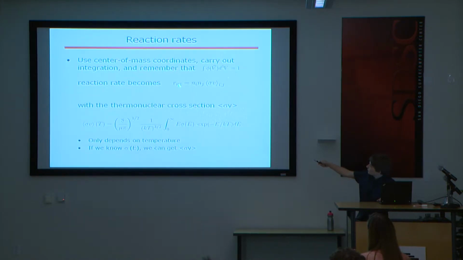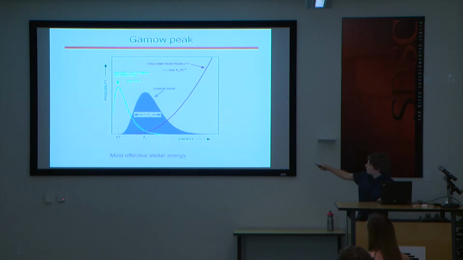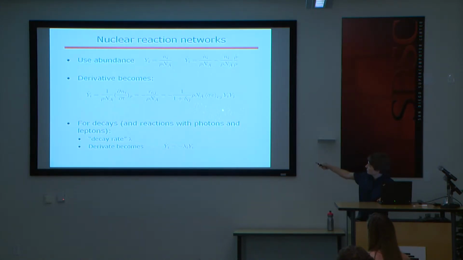Here. So using this rate, Ni times Nj times sigma v, now we have sigma v, Yi, Yj, and then there's an extra factor of rho Na. And again, this fraction up front takes care of the case where i and j are actually the same indistinguishable species.